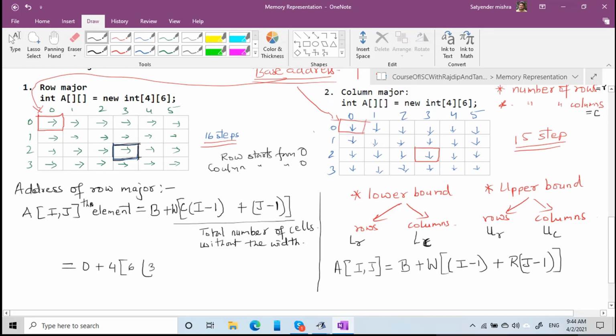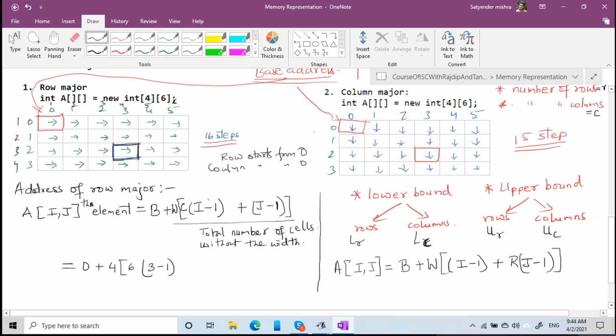So we write here 3 minus 1, because according to this formula we start from 1: 1, 2, 3, 4. And here also 1, 2, 3, 4, 5, 6.